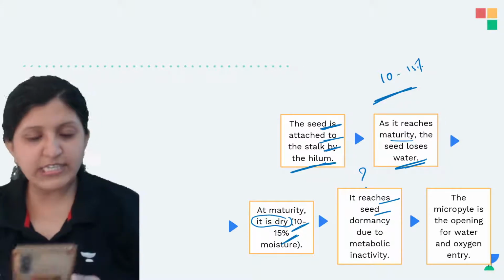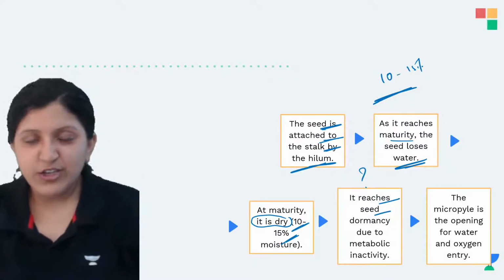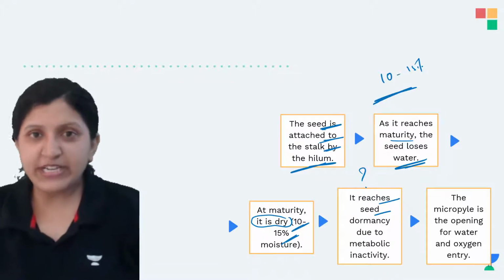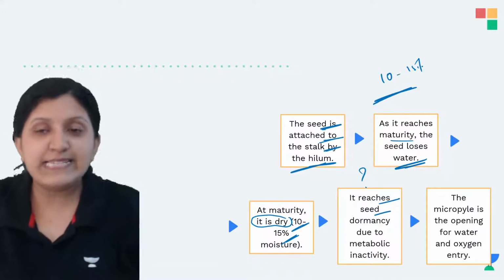No idea about seed dormancy? So we say that the seed is in a dormant condition. So what exactly is seed dormancy?